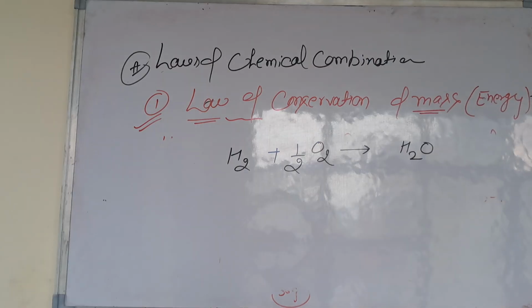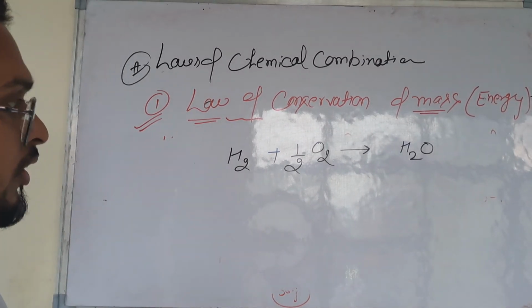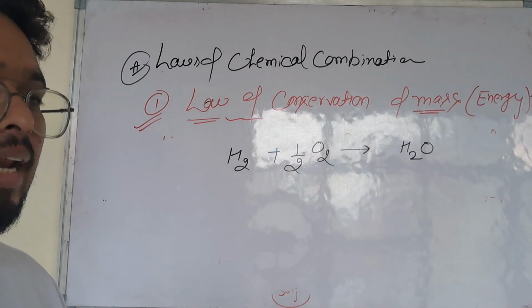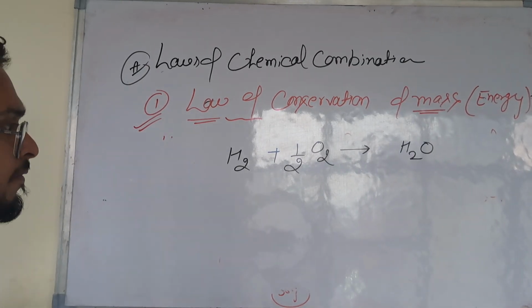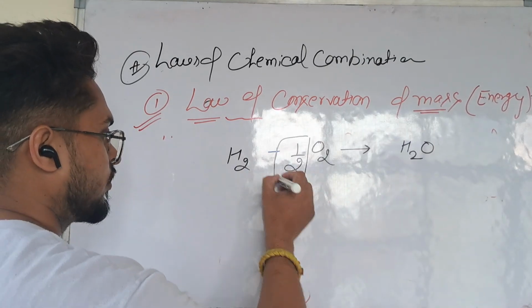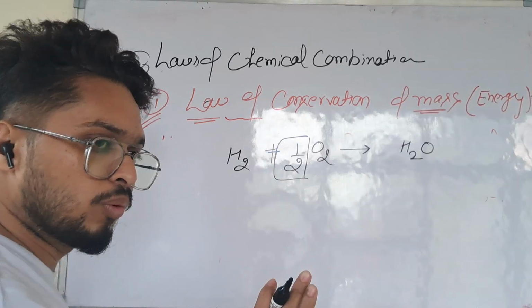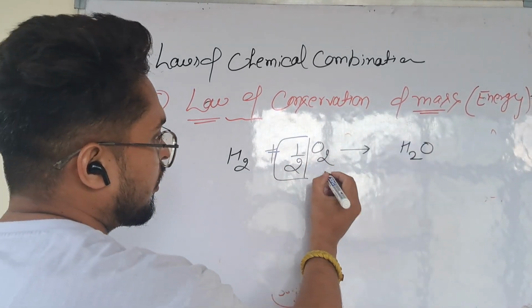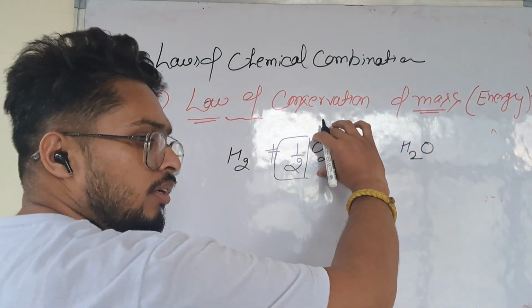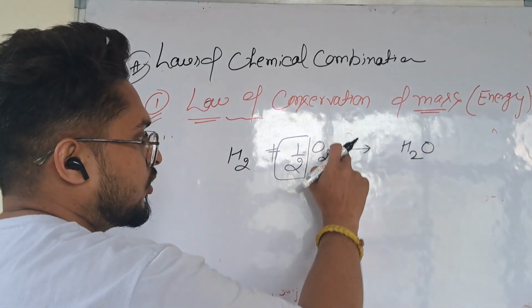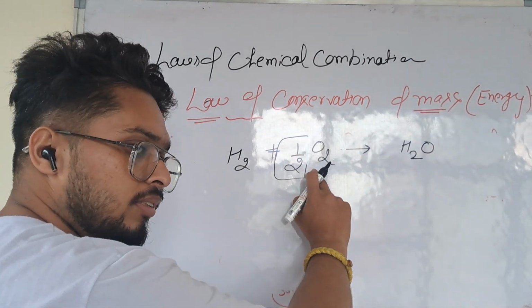Does this reaction also follow the law of conservation of mass? Try करें. What do you mean by this half? It means we have to take the half mole of O2, means half the weight of this particular oxygen. O2 का मास कितना होता है हमारे पास?